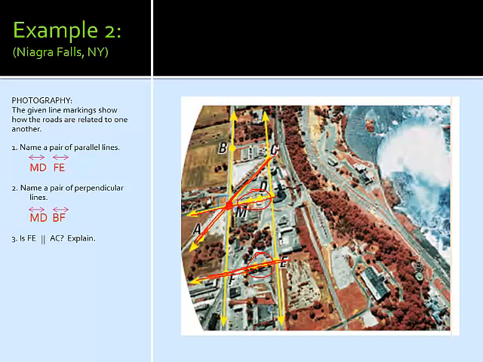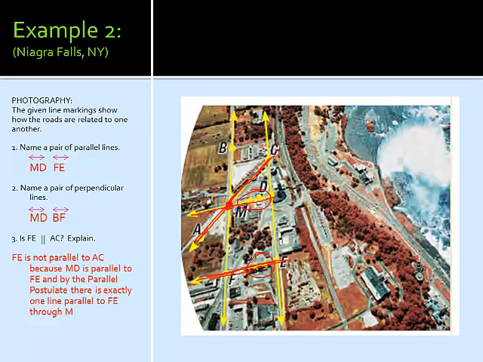So what the postulate states is that FE can't be parallel to AC because MD is already parallel. MD contains point M. And by the parallel postulate, there's exactly one line parallel to FE through M. So again, we have FE, we have AC. Since AC's line goes through and contains the point M, that's why the parallel postulate proves this wrong.